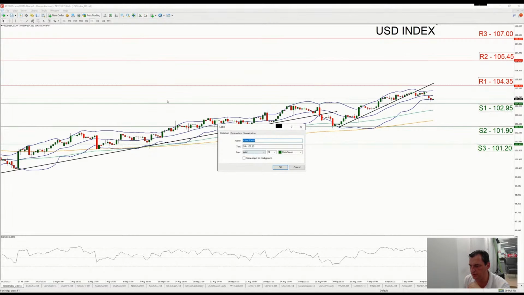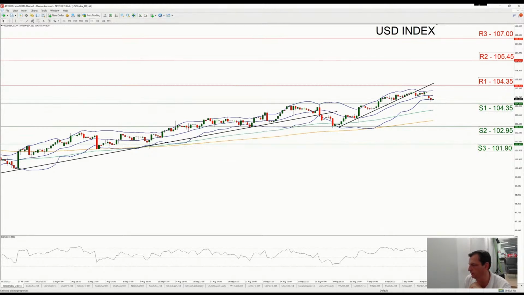Starting with the S3, which is now being placed at 101.90. The S2 at 102.95. The S1 at 104.35 used to be a resistance line, now turned to support, given that the price action is above it.